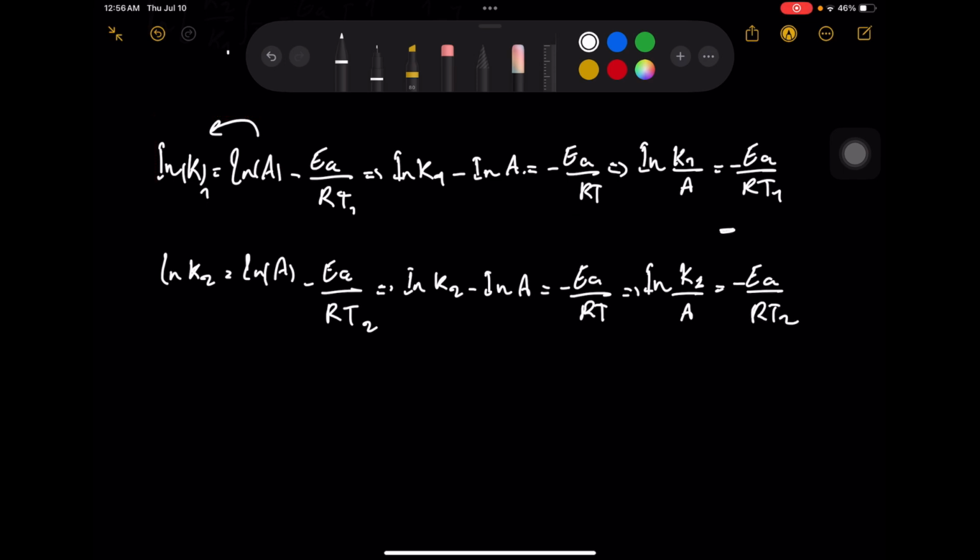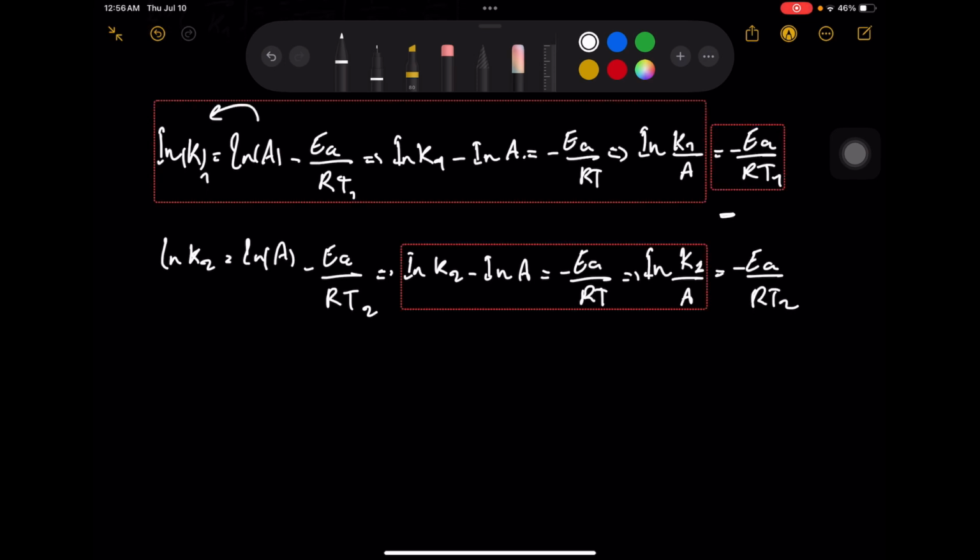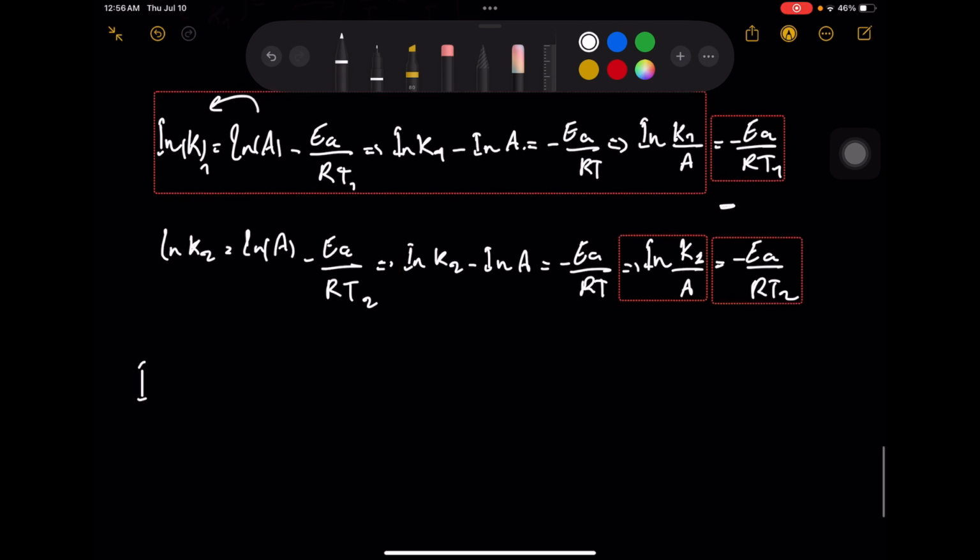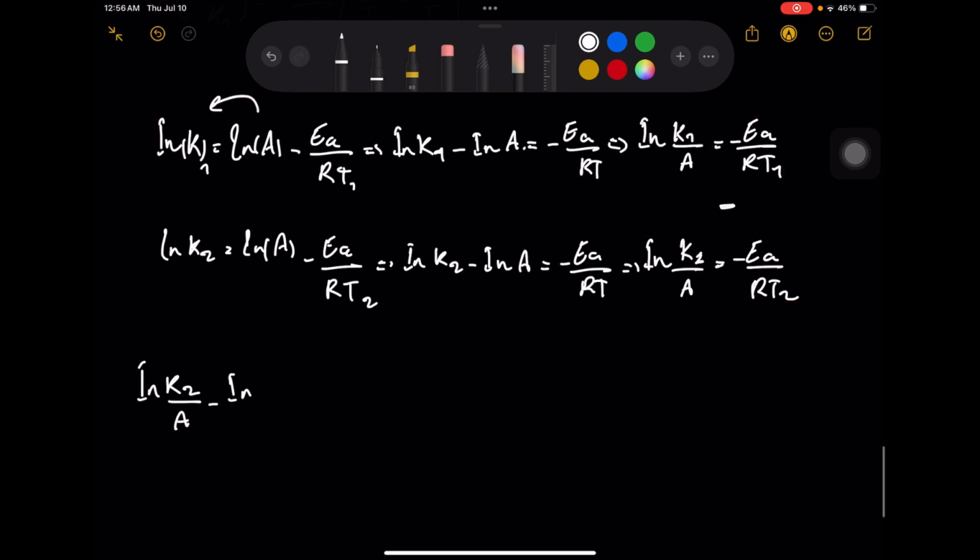And now if we subtract them, ln k2 over a minus ln k1 over a equals negative Ea over R times T2 minus negative Ea over R times T1.